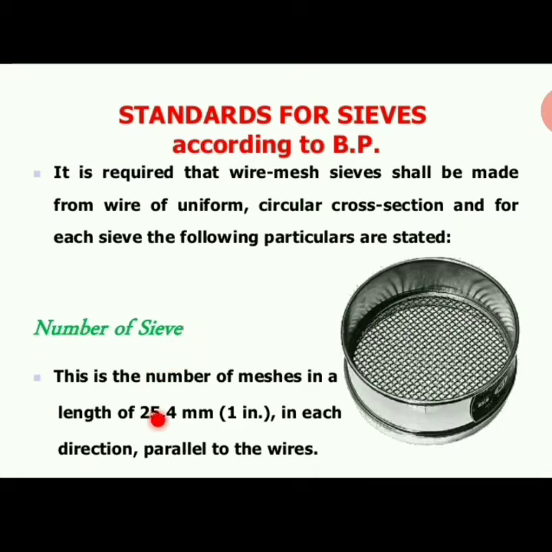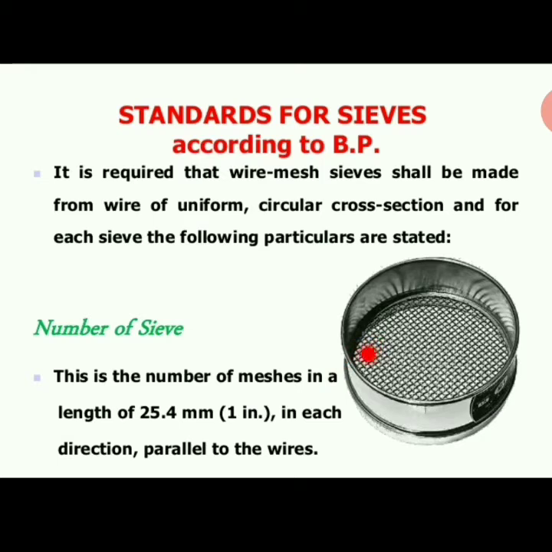The sieve number indicates the number of meshes per linear length of 25.4 mm, that is 1 inch, in each direction parallel to the wires. This is the first specification for the sieve.